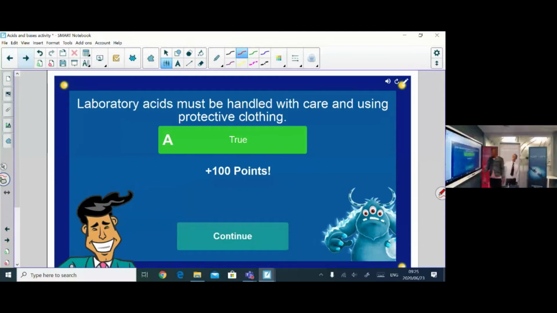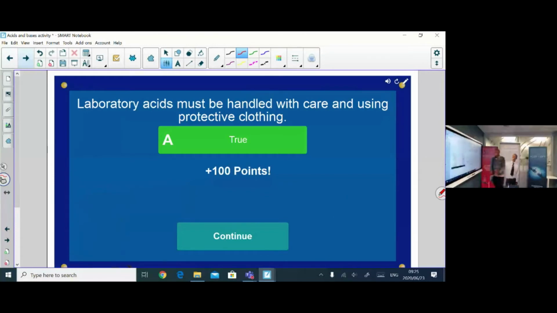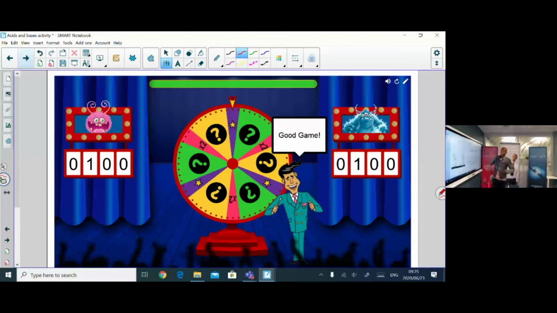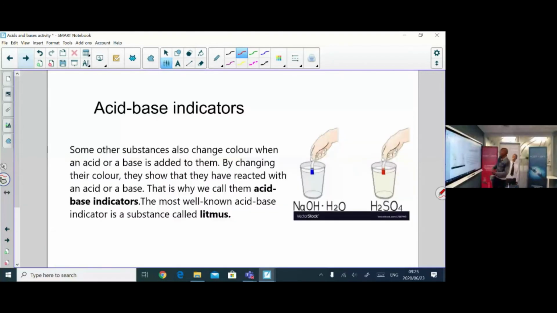So we know what acids are, we know what bases are, and we have what we call indicators. So these are acid-base indicators. It's a strip of paper that changes upon being immersed in the acid or in the base. They identify whether this is an acid or a base.